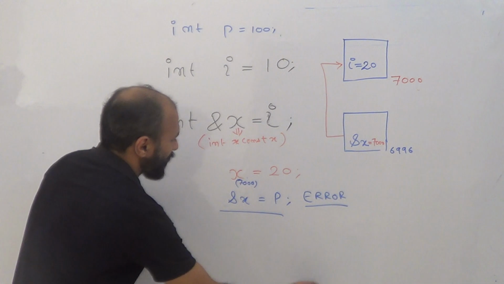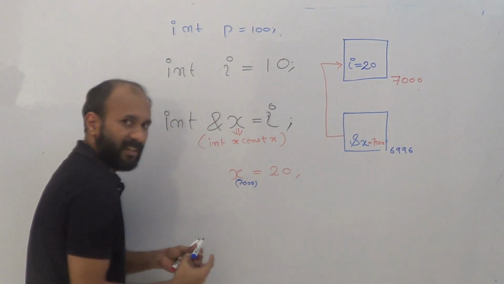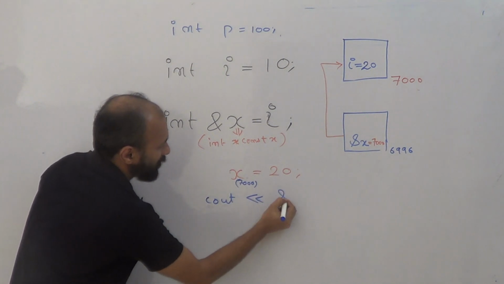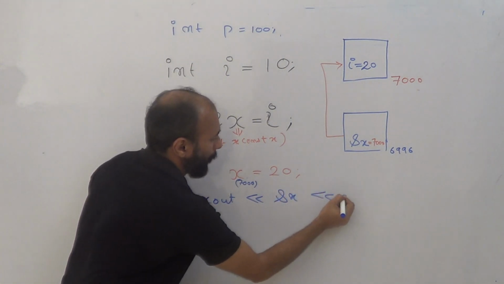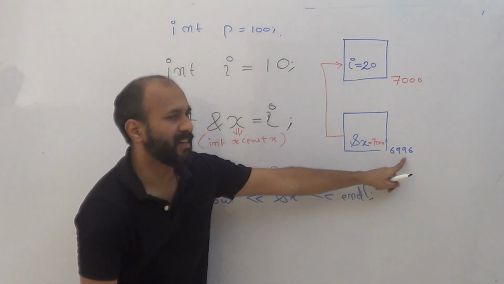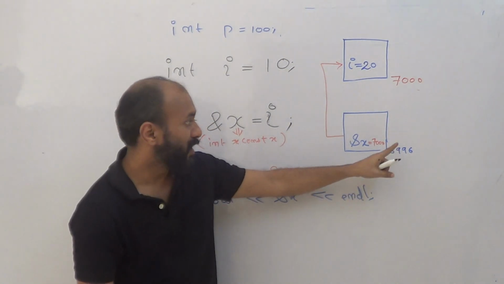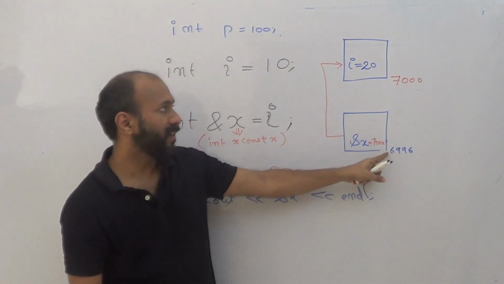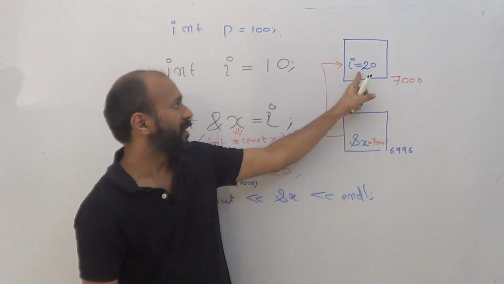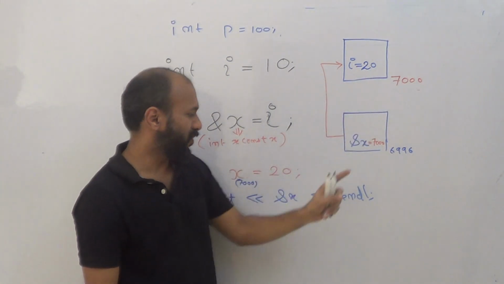So if we try something like this, cout address of x, you will not get the address of the reference variable. Instead, you will get the address where the reference variable is pointing. The reference variable is pointing to i, so you will get the address of i only.